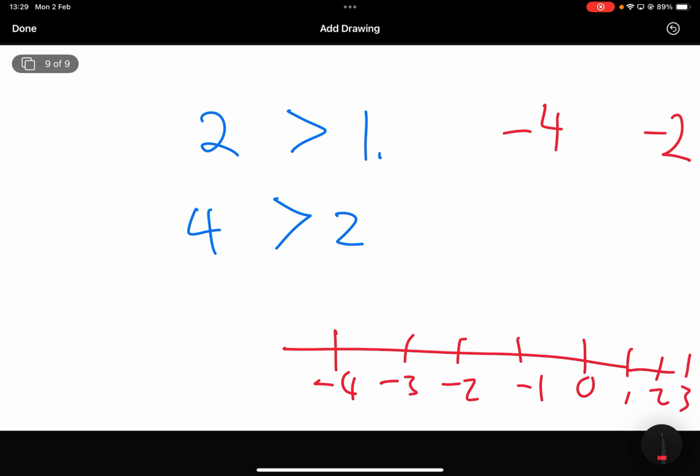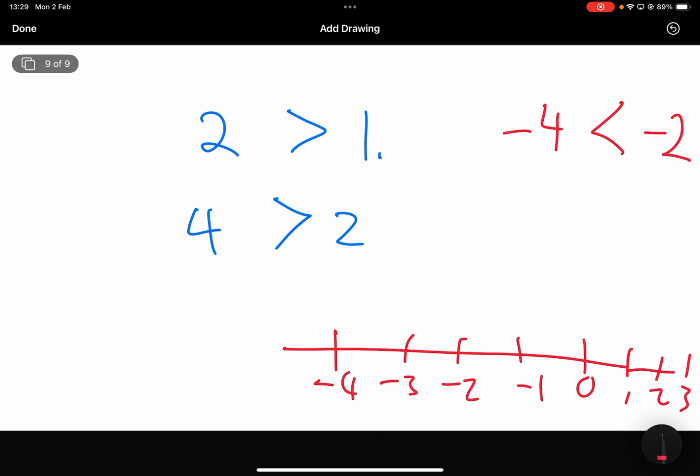Negative 2 is on the right, so negative 2 is a larger number than negative 4. So this time round, my inequality changed. Left larger than right, but when I multiply by negative 2, it changes side. Negative 2 is now larger than negative 4.